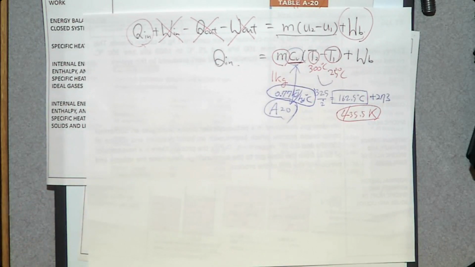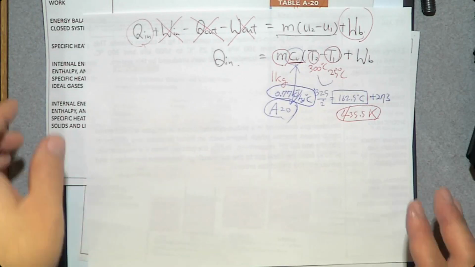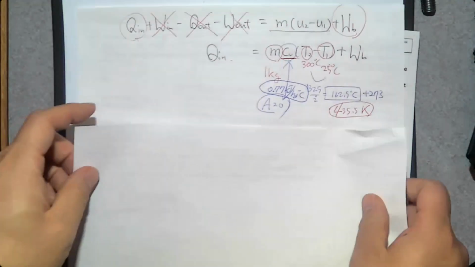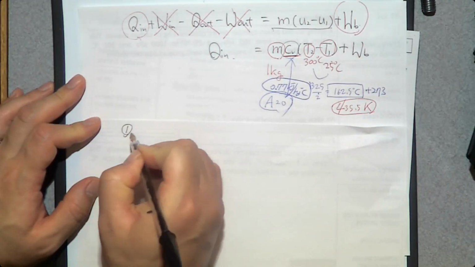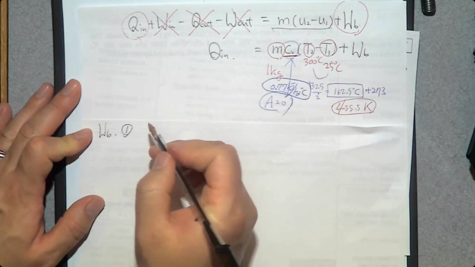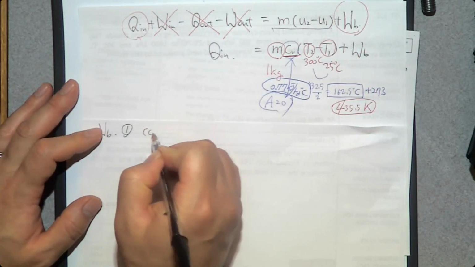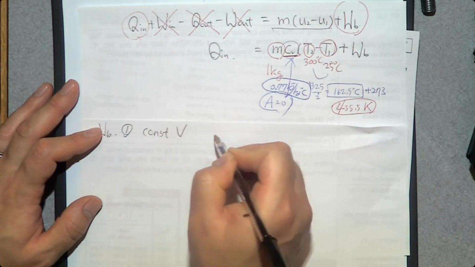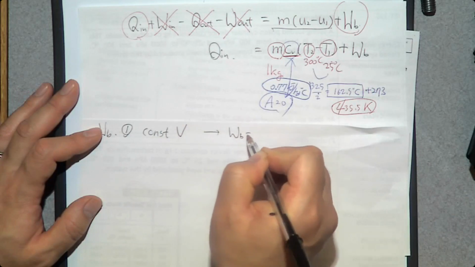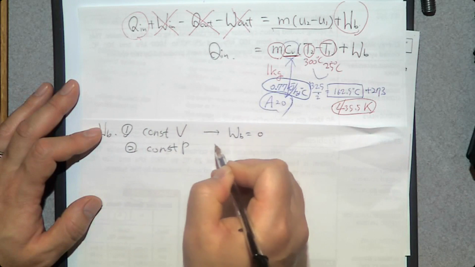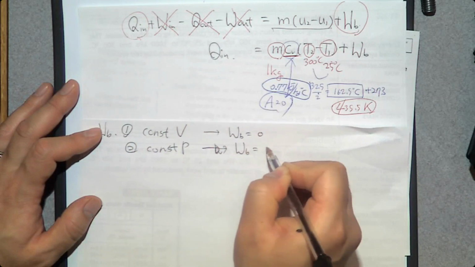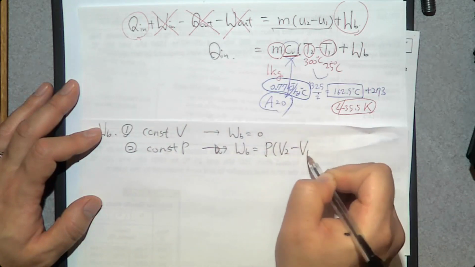There are 5 different ways. If you don't remember, one last time I'm going to tell you how to determine WB. When it is a constant volume, then WB is 0. When it is constant pressure, WB is going to be pressure times (V2 minus V1).